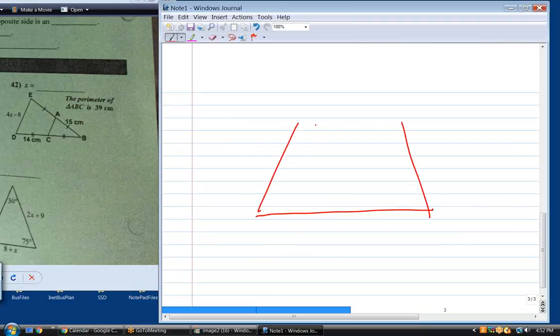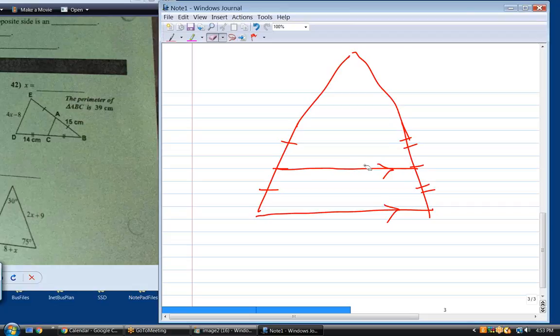In other words, if I have a trapezoid, and I have a line that splits that side and splits that side, so that that's equal to that and that's equal to that, then this midsegment is parallel to both my bottom and top of a trapezoid, but mainly it's parallel to the bottom, and it makes these angles all the same. This angle is the same as that angle because they're parallel. Well, make it a triangle and it doesn't make it any different.